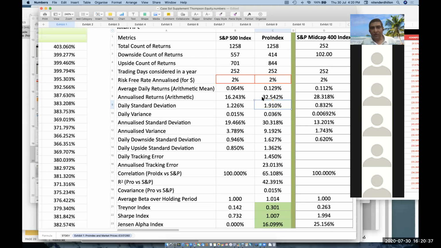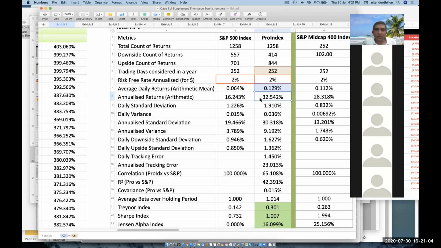Okay, so that's the advantage of the arithmetic mean, that we tend to use that a little more often, because it throws up a standard deviation. The geometric mean, holding period returns, CAGR, whatever you want to call them, those don't throw up a standard deviation because they're assuming a constant 32, 32, 32 every year. So you'll never come to know that.